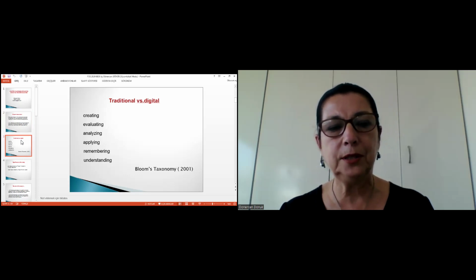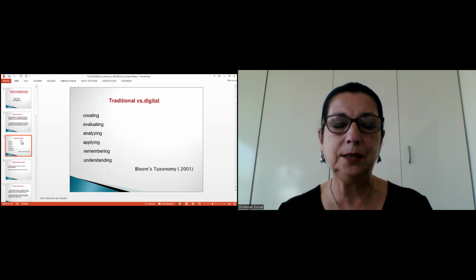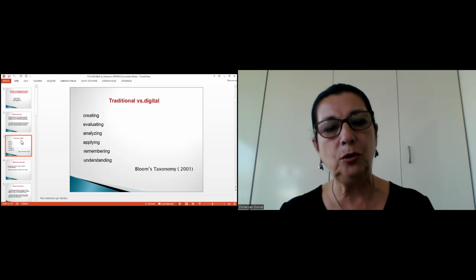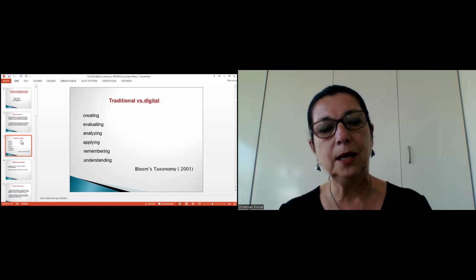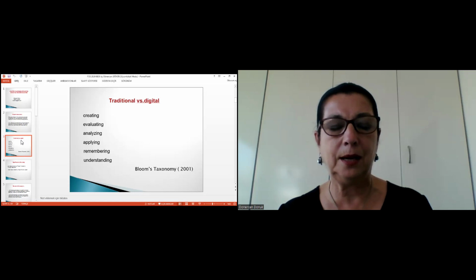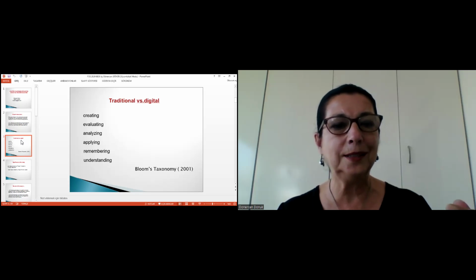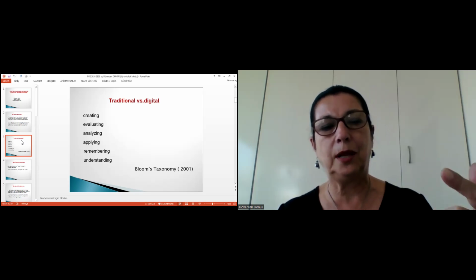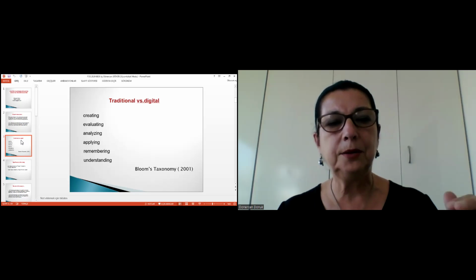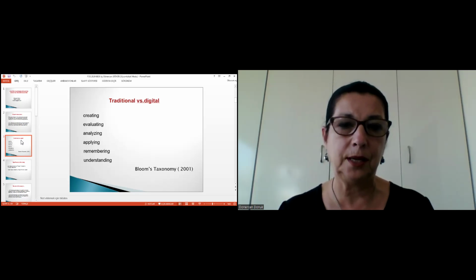So the first four skills, creating, evaluating, analyzing, and applying, are called the higher order thinking skills. And when we start from the bottom, remembering and understanding are the lower order thinking skills, while applying, analyzing, evaluating, and at the very top, creating, are the higher order thinking skills.